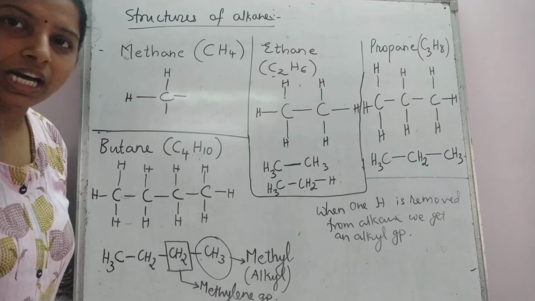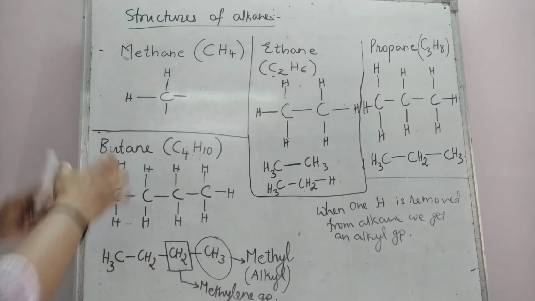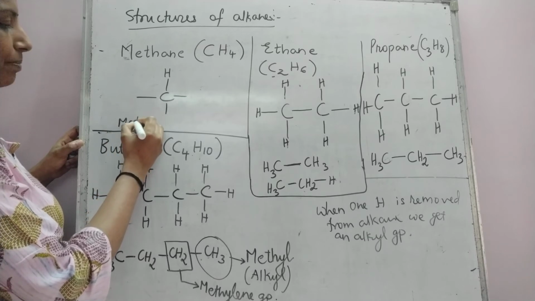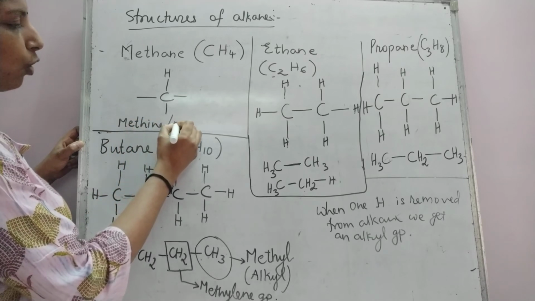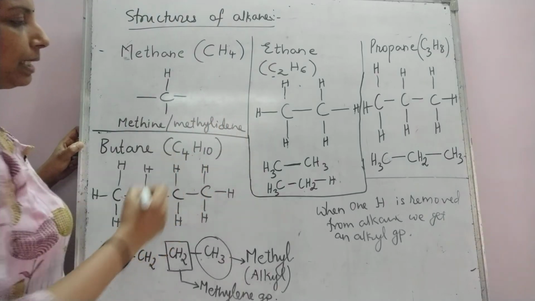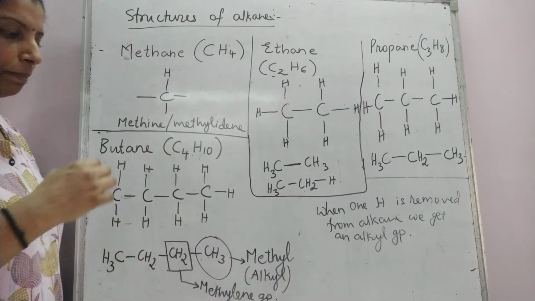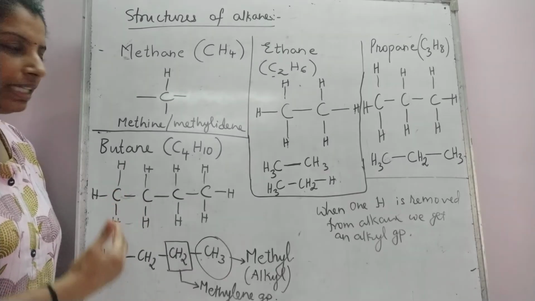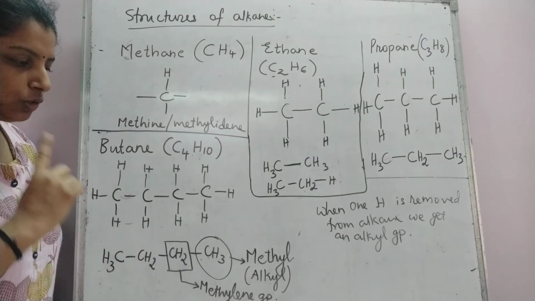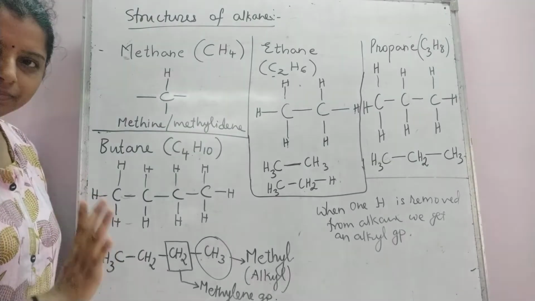And if you ask me, what happens when one more hydrogen is removed? Then the group that you get is called as methine group or methylidene group. Okay, so methyl, methylene and methine or methylidene group. Okay, so remember all these terms.